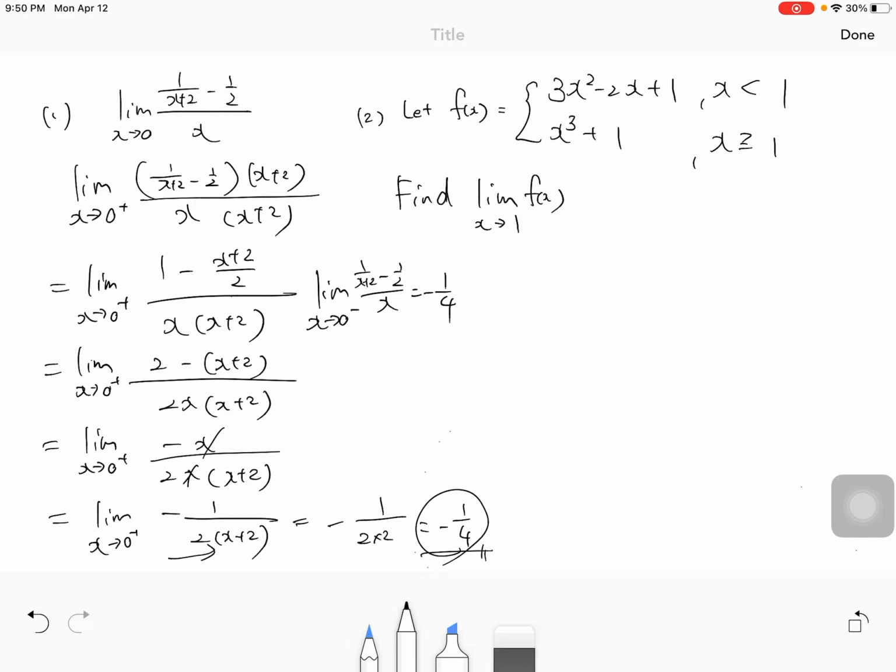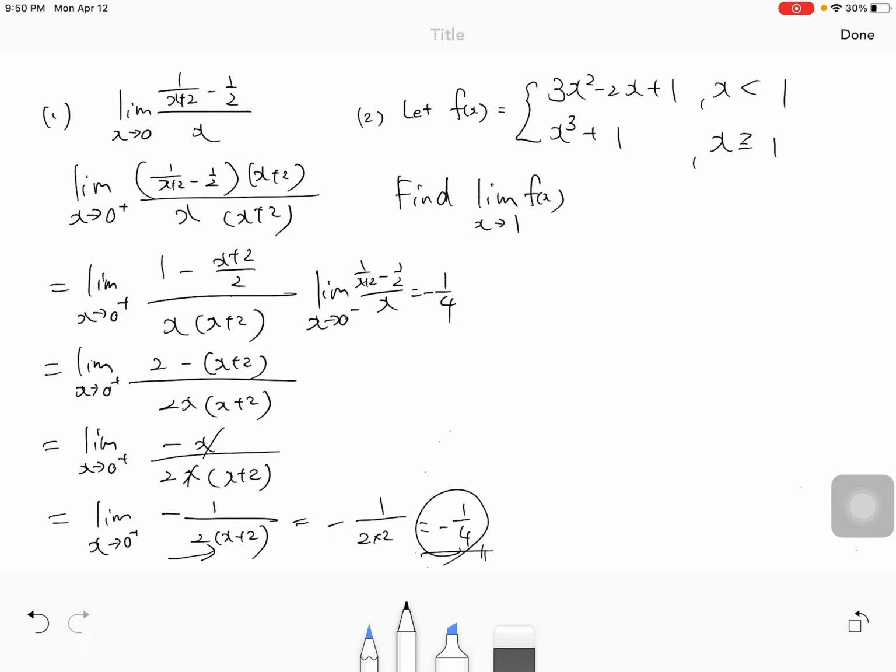Number 2. Let f of x be equal to 3x squared negative 2x plus 1 when x is smaller than 1, and f of x is equal to x squared plus x cubed plus 1 when x is greater than or equal to 1.